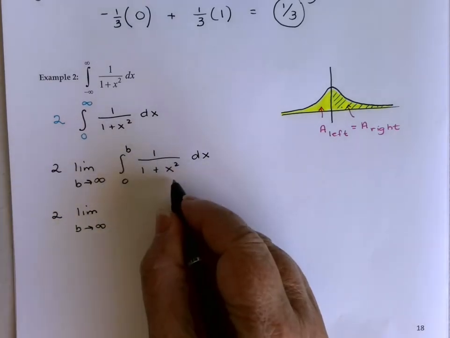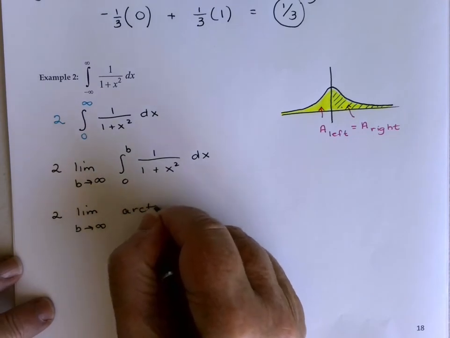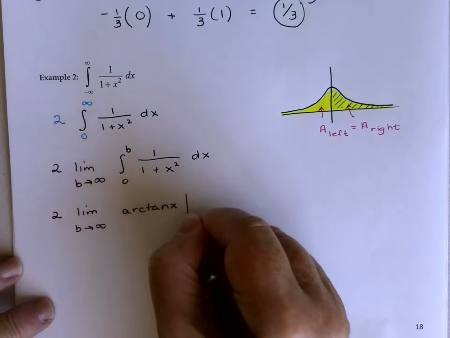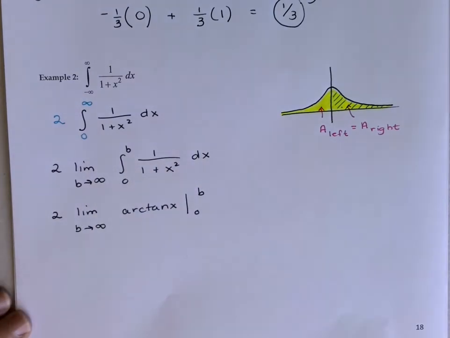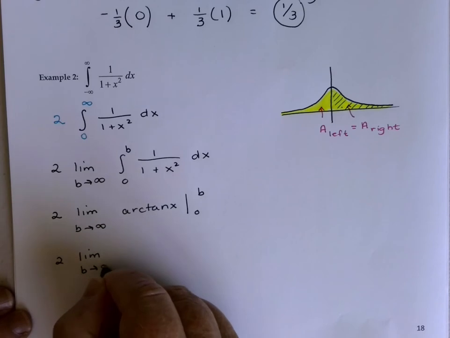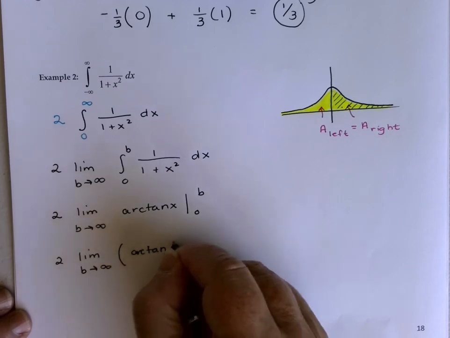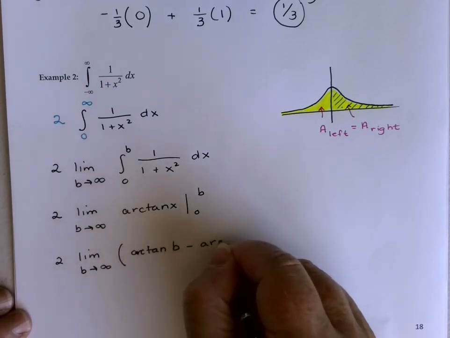That's the arctangent. You can always look it up, but that's the arctangent integral. So using my FTC, I'd have arctan b minus arctan 0.